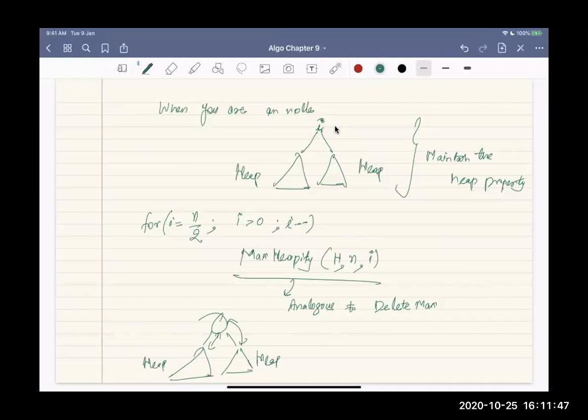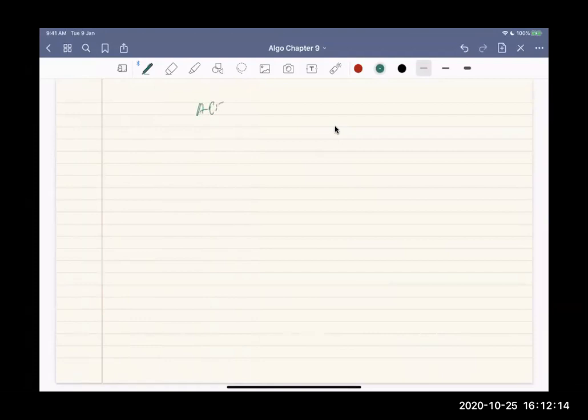So what you will do, find the max value stored in the children, that is 2i and 2i plus 1, and compare with A[i]. Yes, and if A[i] is smaller than the max, you swap with max.